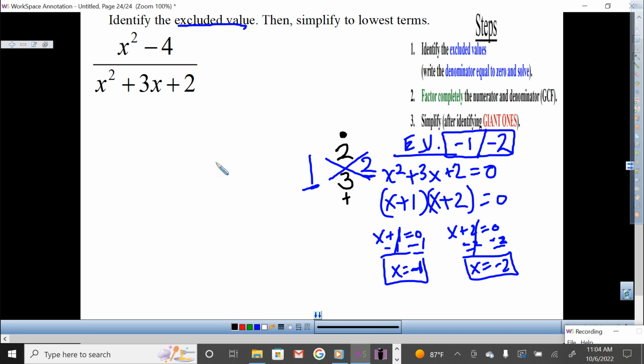But what if they asked us to simplify? All right. Who went last? Christina, pass it one. Frida, go. What do I do in the denominator?